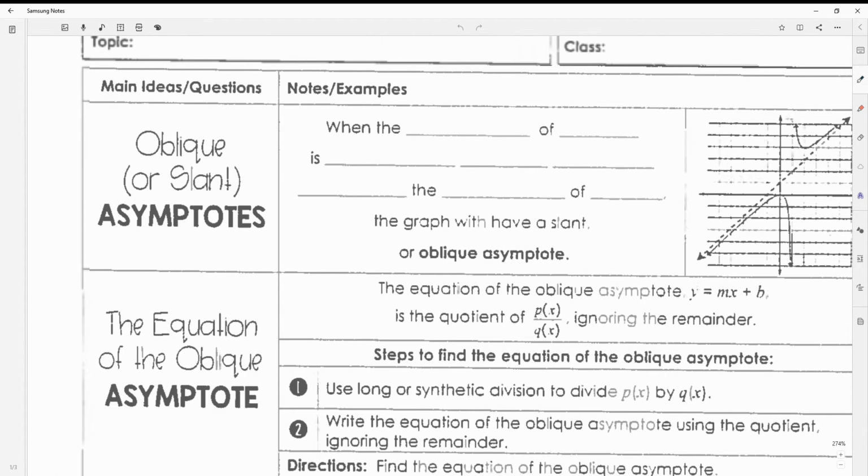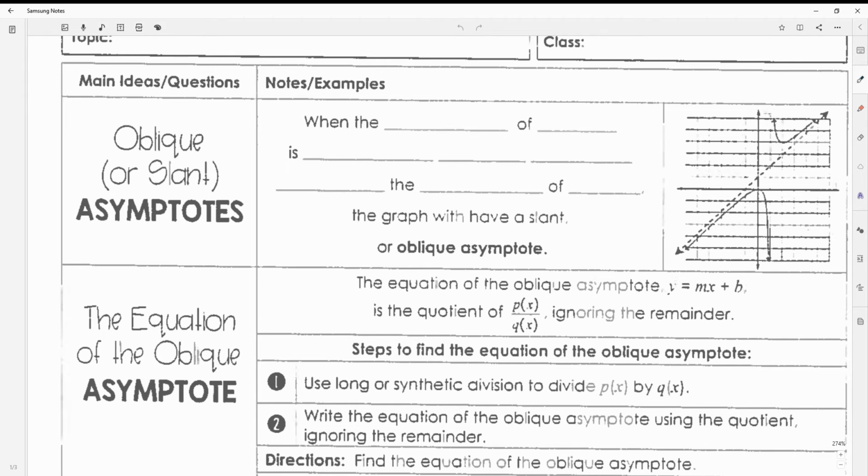So when we have an oblique asymptote, let's fill out these blanks.